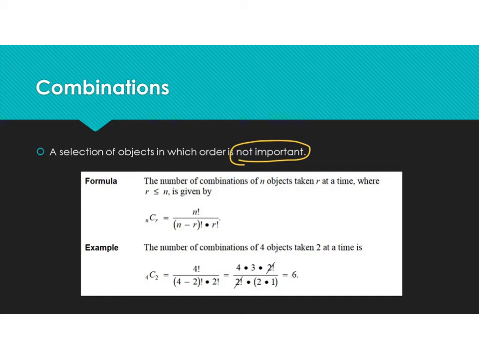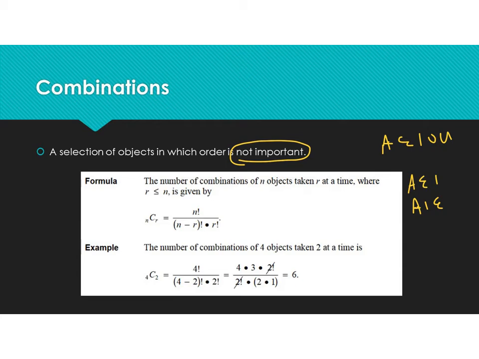If I'm looking at A, E, I, O, and U, and I want to pick 3 of these, A, E, I and A, I, E are the same thing because order is not important. In a permutation, those would be considered different.